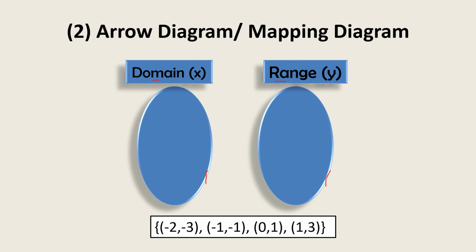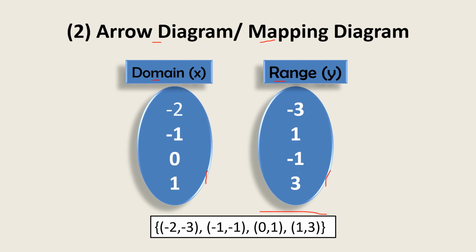Ito, same relation. Ngayon, so of course, dito sa loob ng oval, ilalagay natin lahat ng values of x. So, -2, -1, 0, and 1. Of course, sa range naman would be the remaining values, -3, 1, -1, and 3. Now, since they call it an arrow diagram or connecting diagram, pag sinabi kasi nating mapping, ibig sabihin connecting.